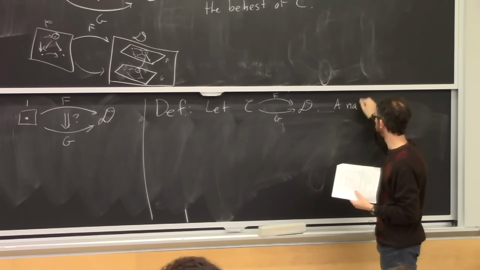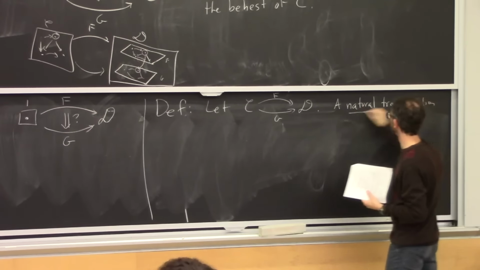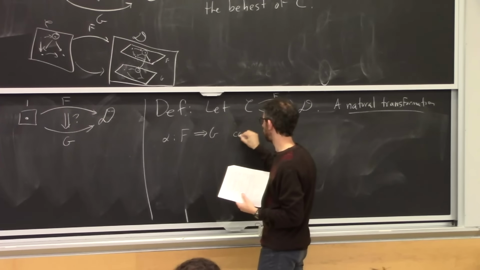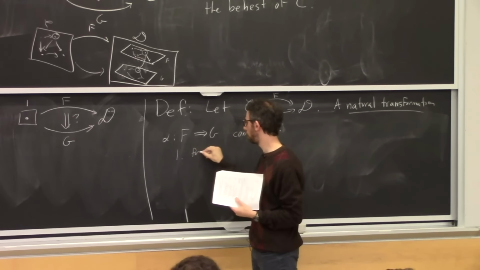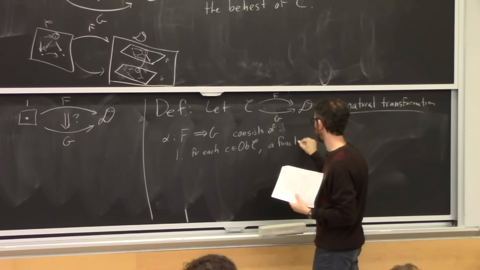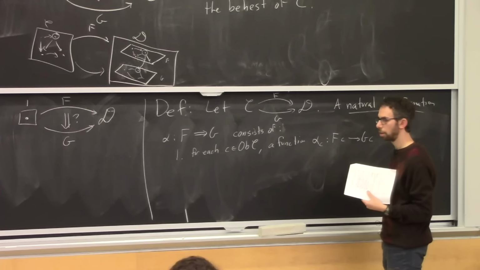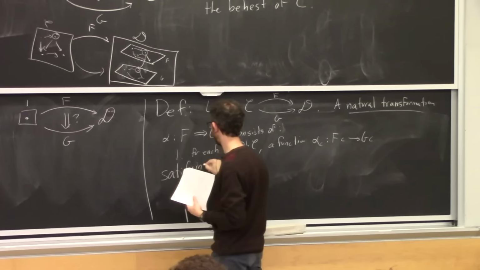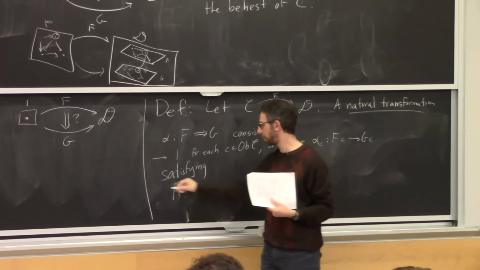A natural transformation from C to D, F to G, consists of just one thing for each object c in C, a morphism, which we'll call alpha c, from F of c to G of c, and satisfying one constraint. This is the most important part, and this is like a check.